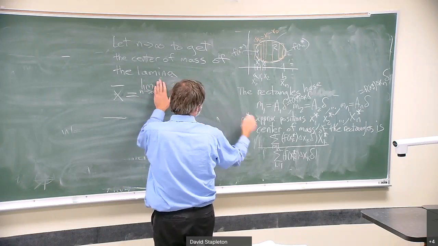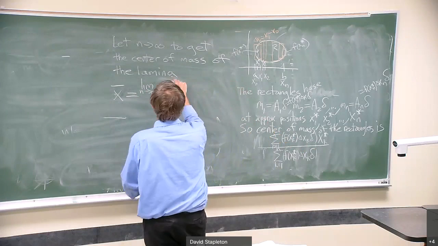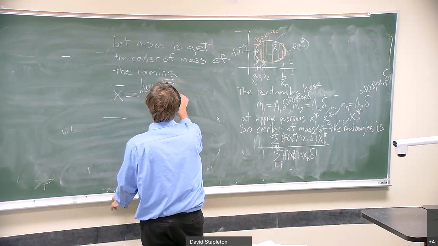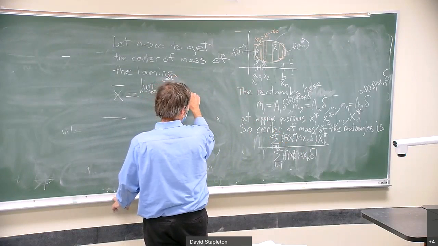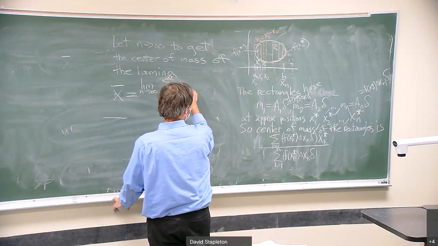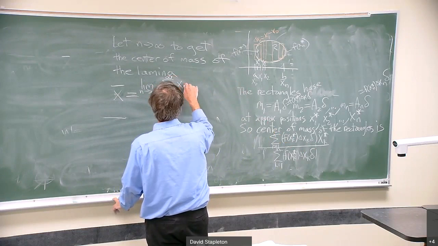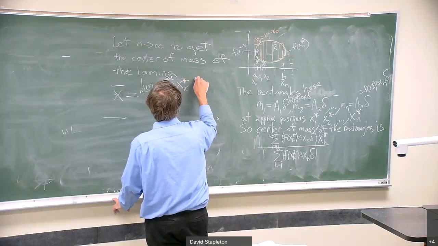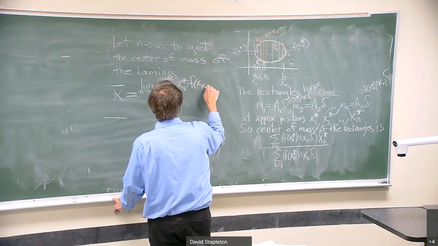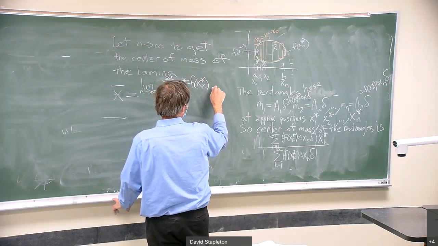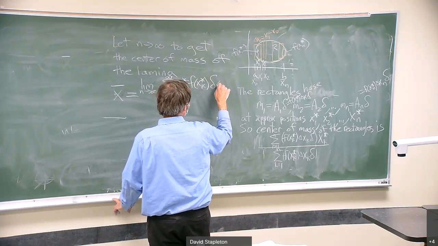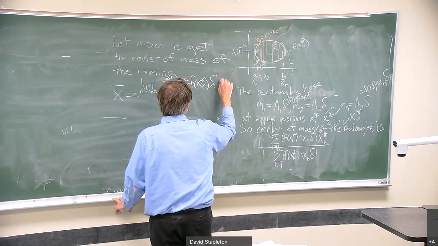Let's write it in another order. I'm going to reorder this and call it the sum k equals 1 to n. This is the top, just put the limit on it: xk star, f of xk star, delta, capital delta xk.